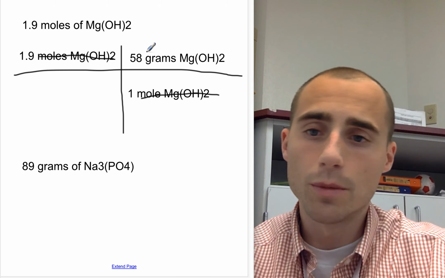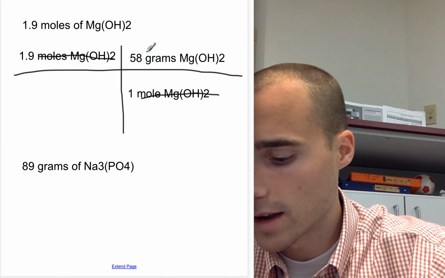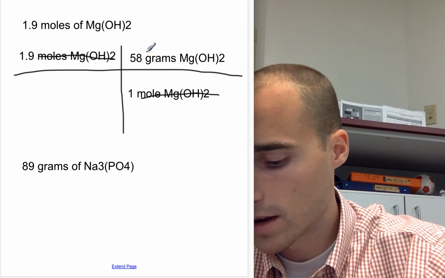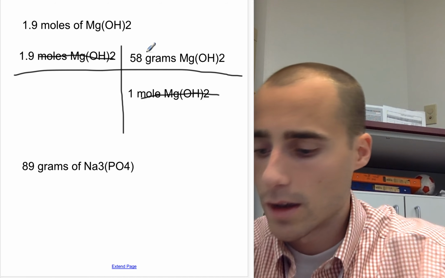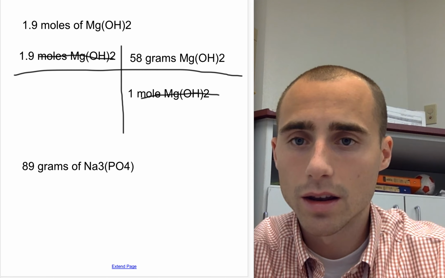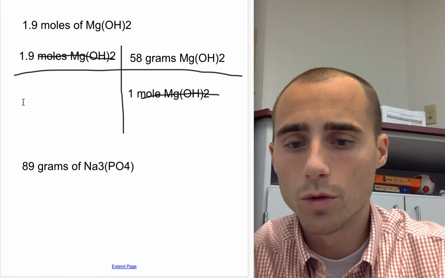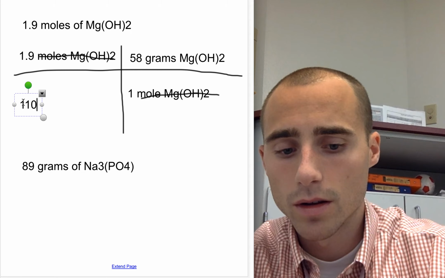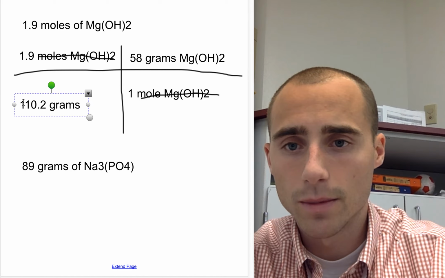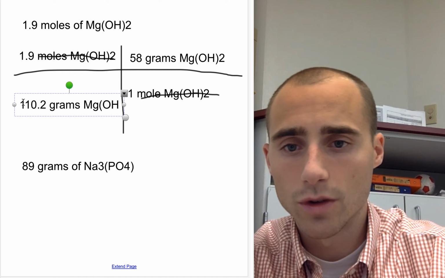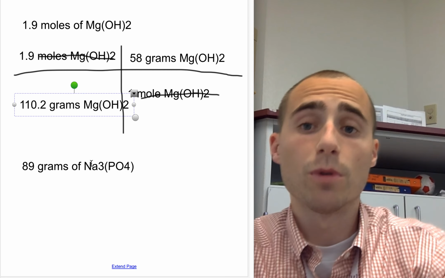And so you just do 1.9 times 58. And your final answer is 110.2 grams Mg(OH)2, or magnesium hydroxide. Always keep your units going.